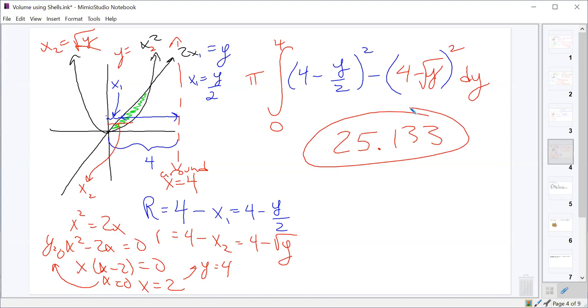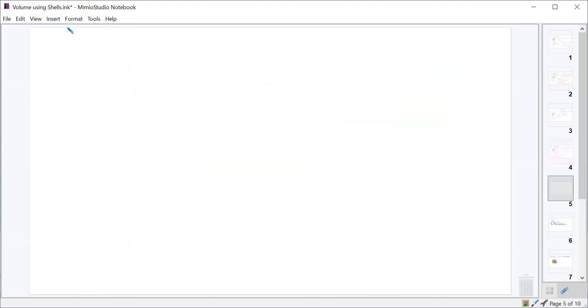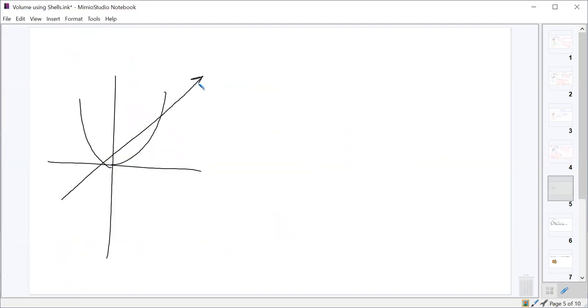Wonderful. What if I said instead, let's take this region, same region, where we have x squared and 2x, right? That we just did. Same two functions, 2x, x squared, same region. Those intersect at 0, 0 still. Pretend the line went right.